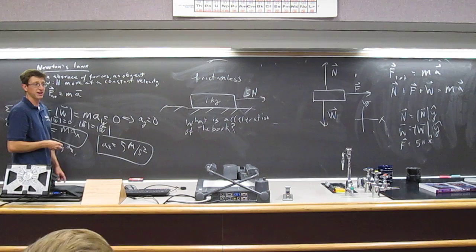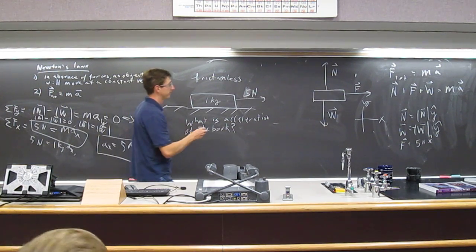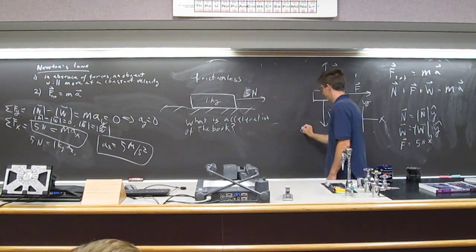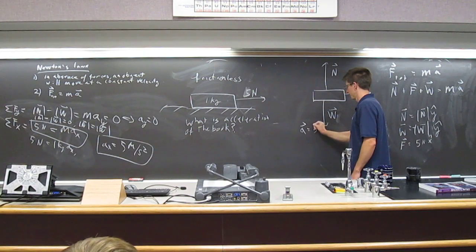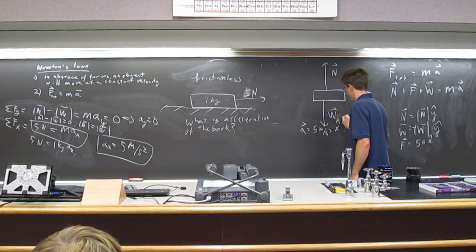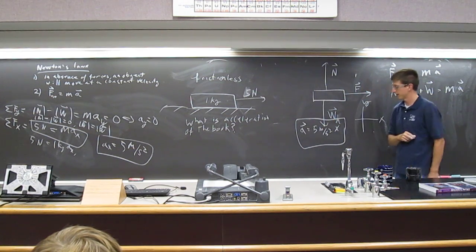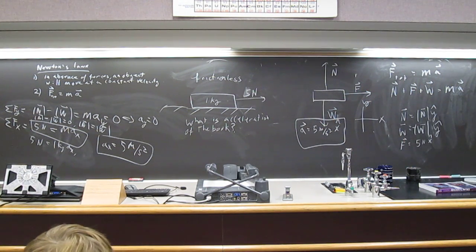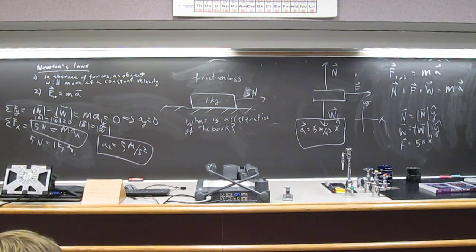So if I were to write out the a vector, it's 5 meters per second squared x hat. Like that. Okay? You guys follow that? So that would be because it's going in the x direction.